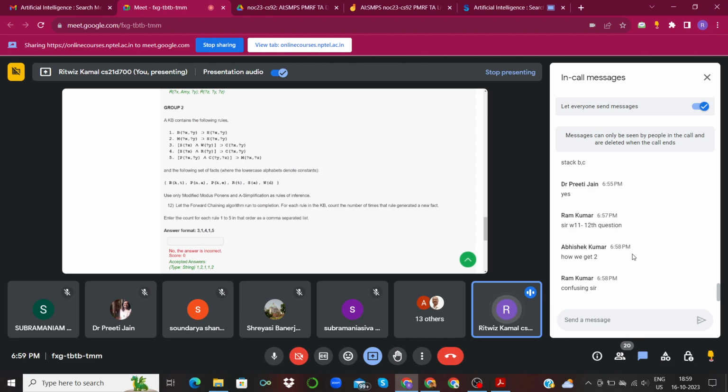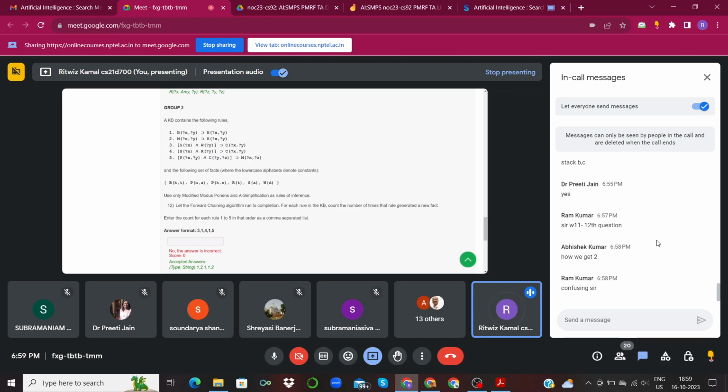So what you could do is post whatever solution you have come up with till now in the discussion forum, and then he can show where exactly the mistake is, or where exactly the issue is. Basically, you can have a discussion on that.